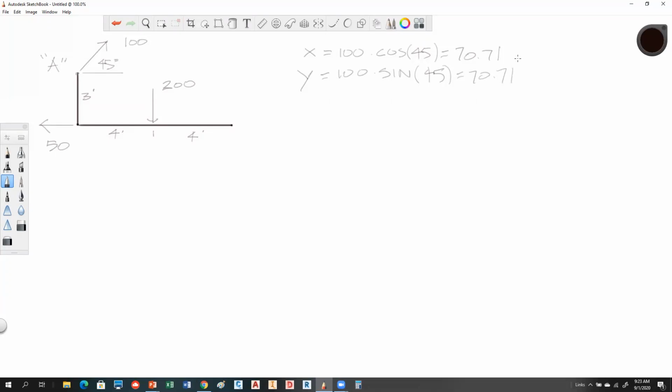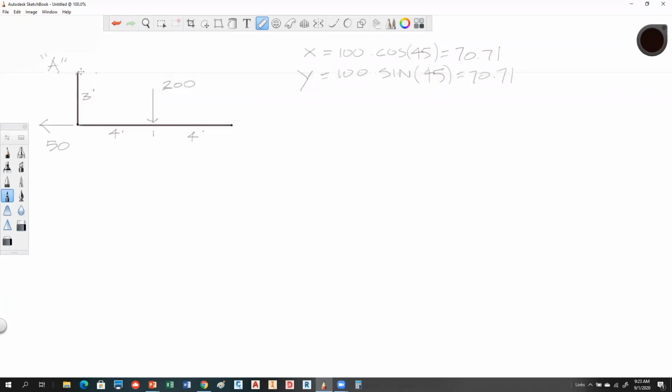So what I'm going to do is replace that vector with its two components to simplify this. Okay, so you definitely want to do that. Any vectors that are not parallel with x or y in this type of problem, the first thing you want to do is simplify it.